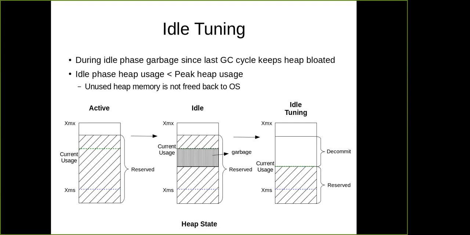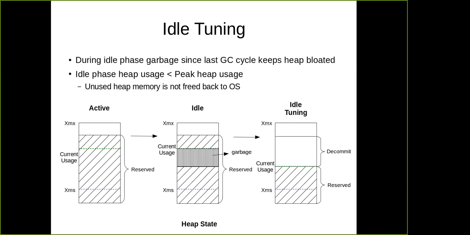So in this slide, I'm depicting the heap state during active and idle cycle. During the active state, you can see there's an Xmx value, which is the maximum size your heap can expand up to. At any given point in time, your JVM would have reserved some amount of space.